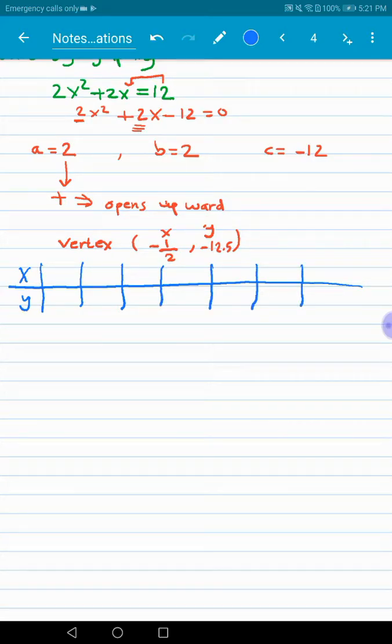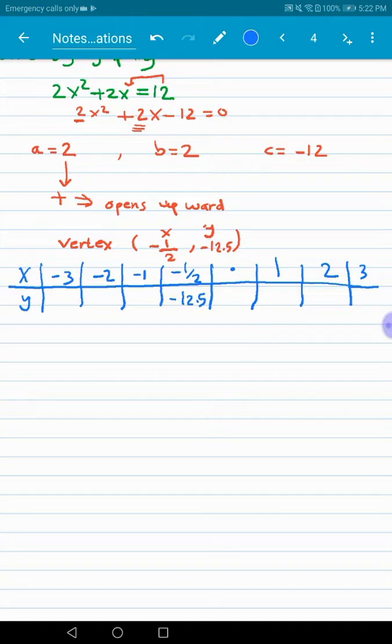The vertex is minus half and minus 12.5. Choose integers greater than it: 0, 1, 2, and 3, and 3 numbers before it: minus 1, minus 2, minus 3.